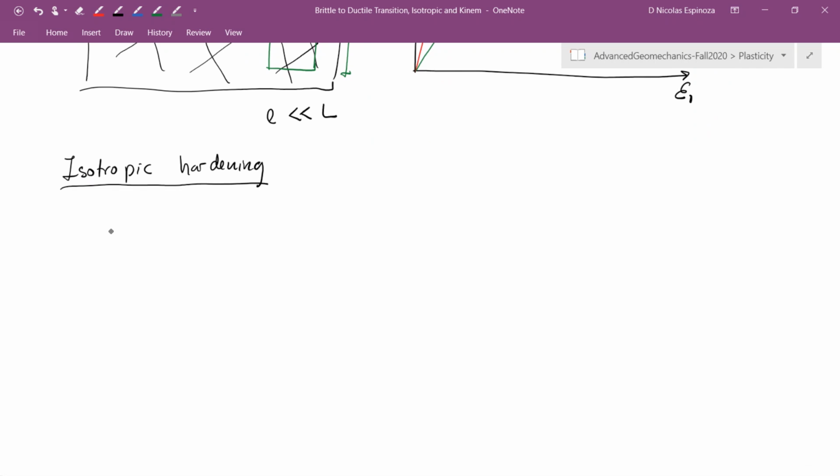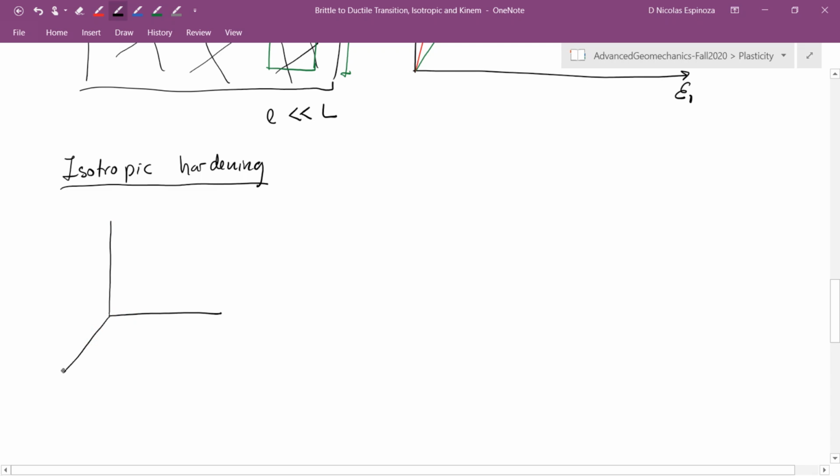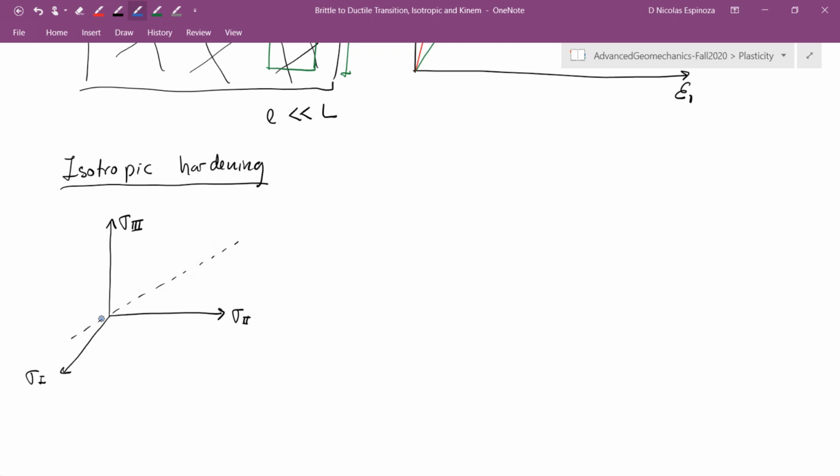For example, if we were to plot the principal stress space with sigma 1, sigma 2, and sigma 3, and a hydrostatic axis going over here, and let's say I have a yield surface which looks more or less like this.